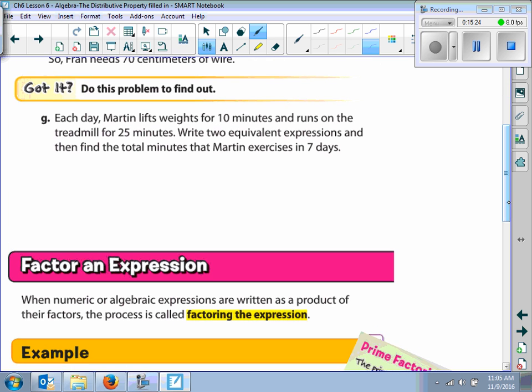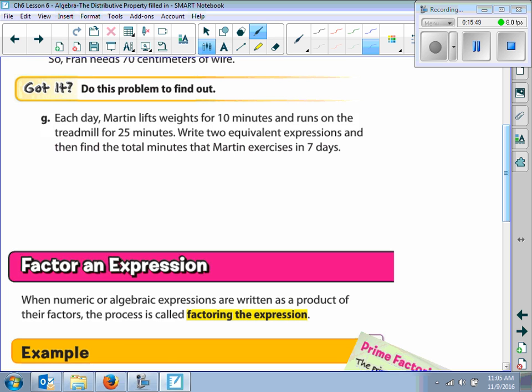So here, each day Martin lifts weights for 10 minutes and runs on the treadmill for 25 minutes. Write 2 equivalent expressions and then find the total minutes that Martin exercises in 7 days. Okay? So, how much does he exercise in one day? We're going to add the 25 and the 10, right?